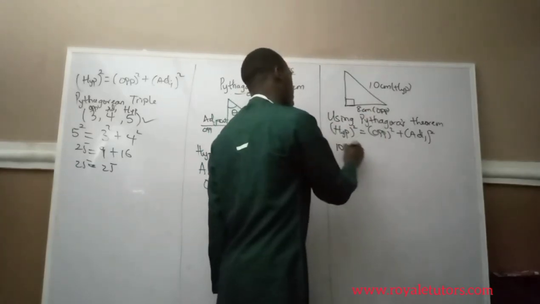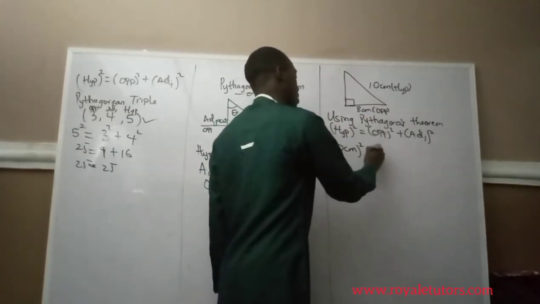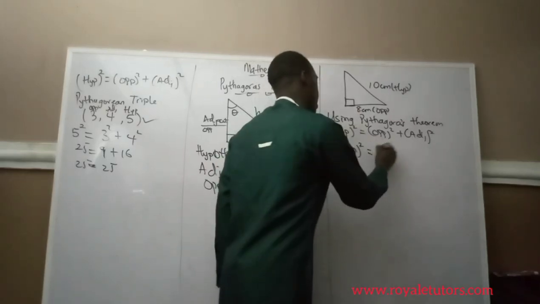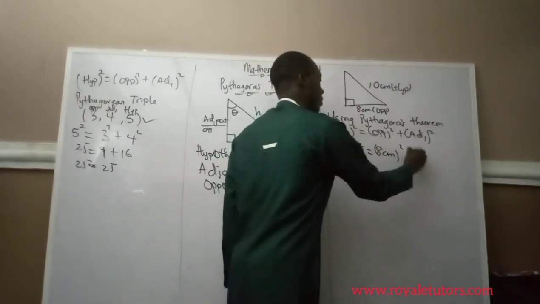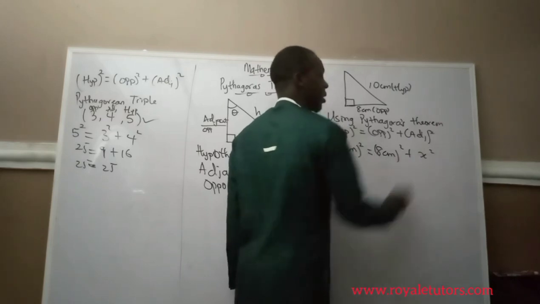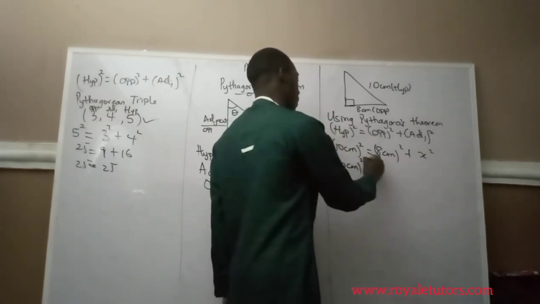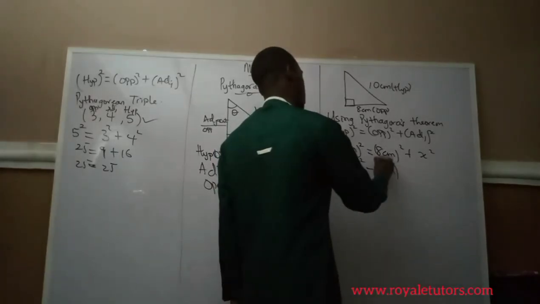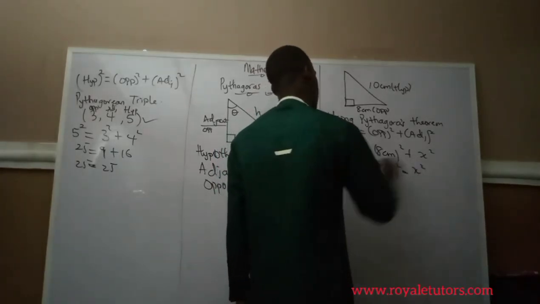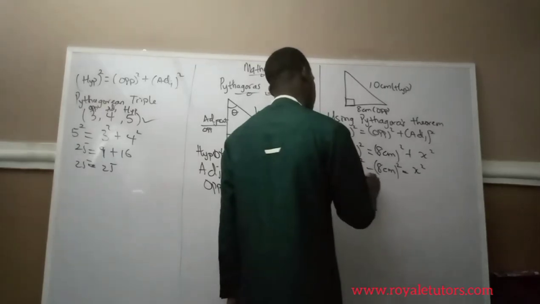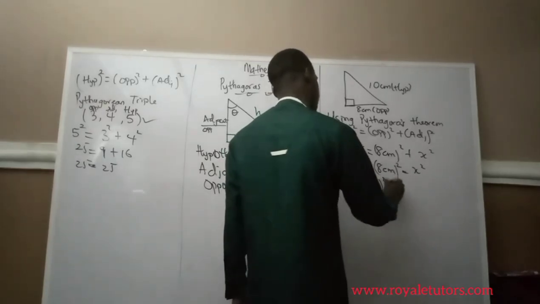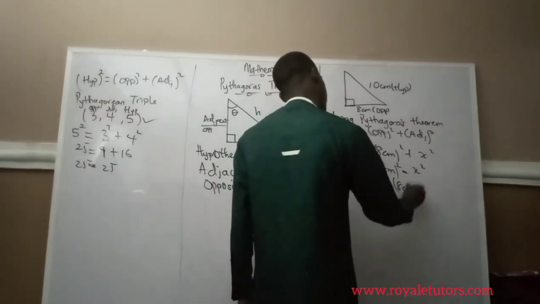So we have 10 centimeters squared is equals to, what's the opposite? 8 centimeter squared plus adjacent. Let's call that x squared. So this is 10 centimeter squared minus 8 centimeter squared is equals to x squared. So I can say x squared is the same thing as 10 centimeter all squared minus 8 centimeter all squared.